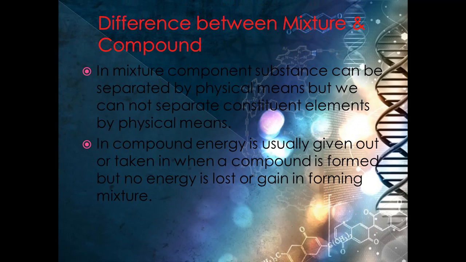Now, the difference between a mixture and a compound. In a mixture, component substances can be separated by physical means, but we cannot separate the constituent elements of a compound by physical means. In a compound, energy is usually given out or taken in when the compound is formed, but no energy is lost or gained in forming a mixture.